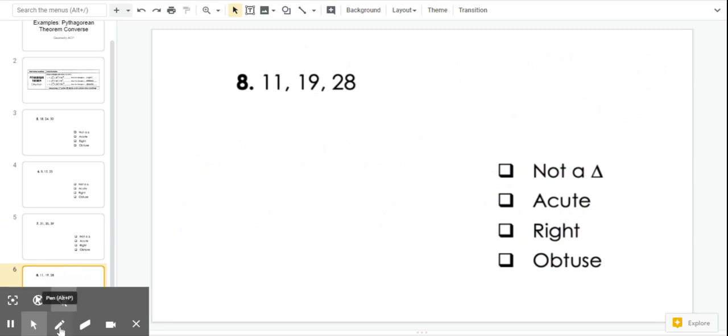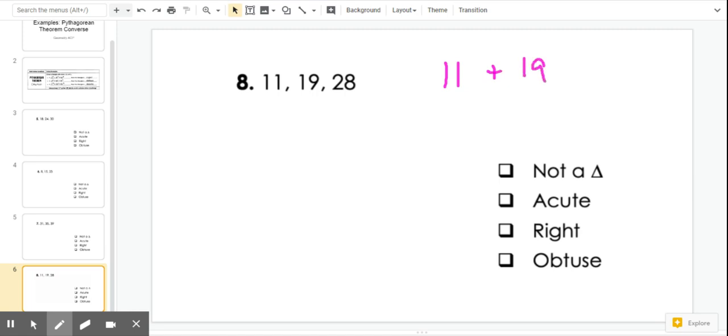All right, last one. So we need to check that 11 plus 19 is larger than 28. Because 28 is the biggest side that they give us here. So 11 plus 19 is 30, which is bigger than 28. So that means it is a triangle, so we can get rid of that. So now we just need to figure out what kind of triangle it is.